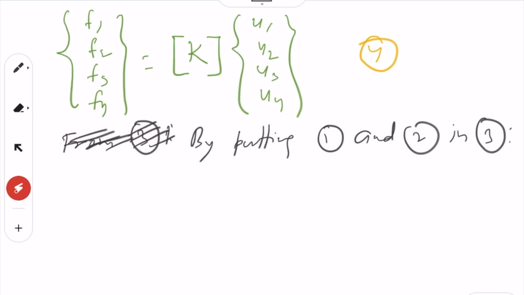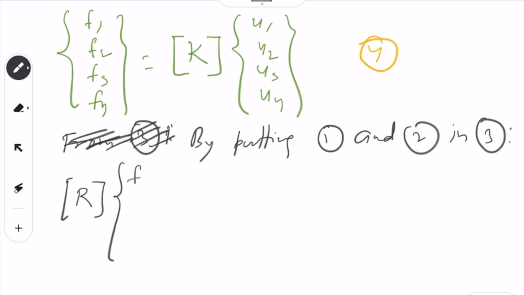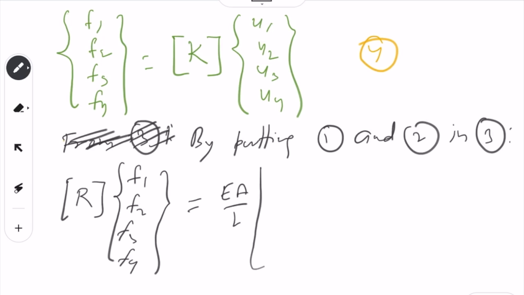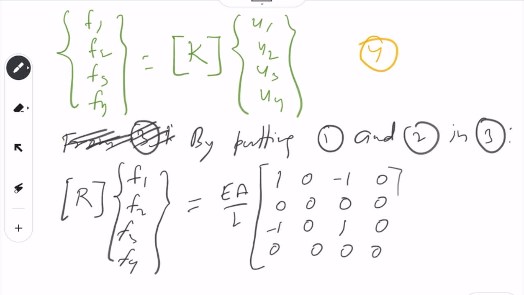So we write capital R, and then f1 f2 f3 f4, is equal to EA over L, and then after that we have 1 0 minus 1 0, 0 0 0 0, minus 1 0 1 0, 0 0 0 0, right?